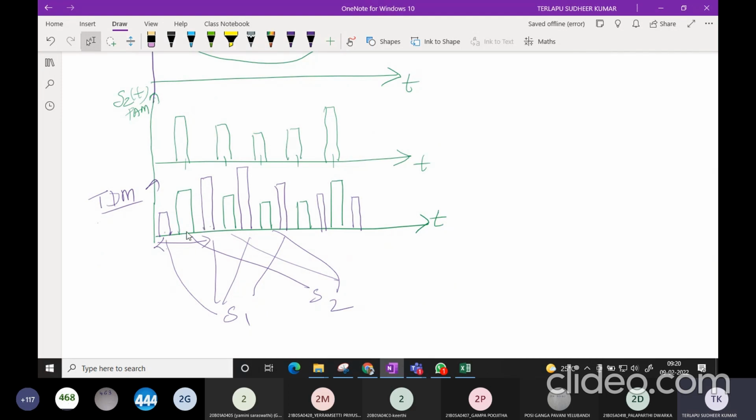If in between I have a good enough amount of time, I can multiplex say 4 PAM signals, or 10 PAM signals, even 100 PAM signals also. So it depends on the sample time.